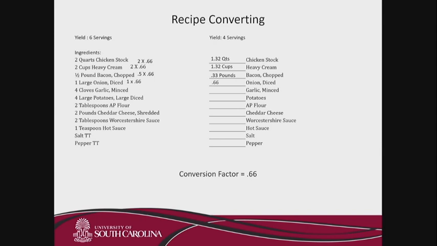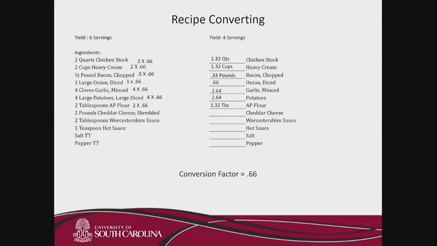So 1 times 0.66 is going to be 0.66 of a large onion, so just over half of a large onion. 4 cloves of garlic, so 4 times 0.66 gives us 2.64. Same thing with our potatoes here. Our flour is going to be 1.32.